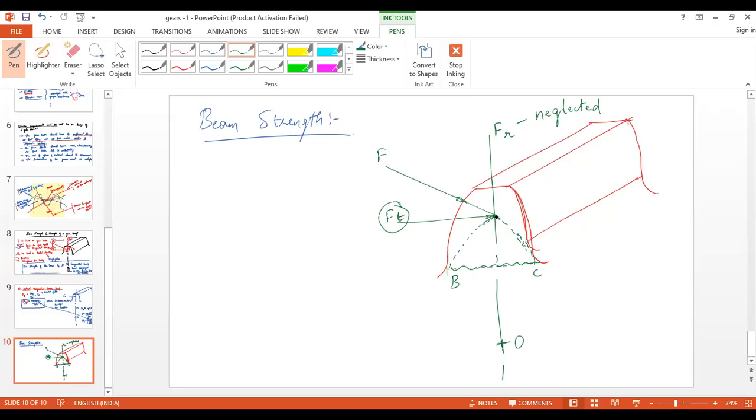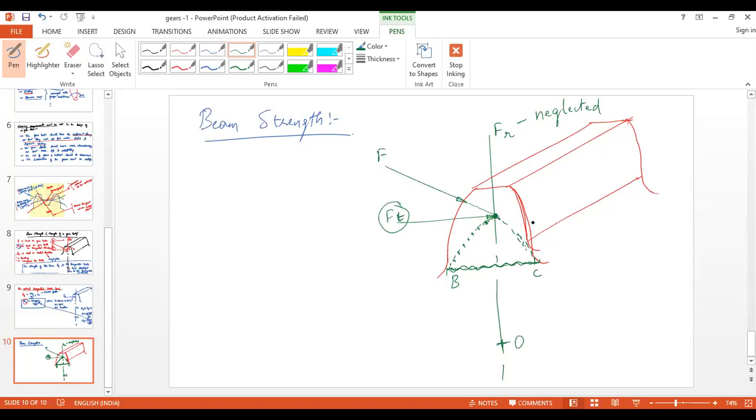The bending stress created at this point is almost equal to 0. If you consider this point, there will be big bending stress. If you keep on moving in this direction, then the maximum bending stress will occur in the cross section BC. If the gear tooth had the shape of a parabola, then each and every cross section would have the same strength.